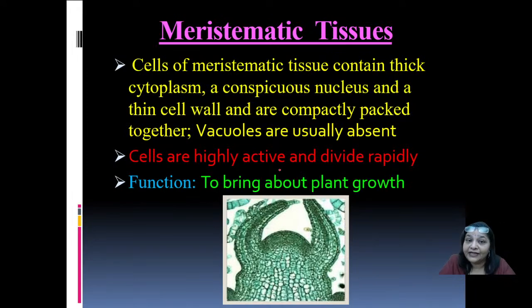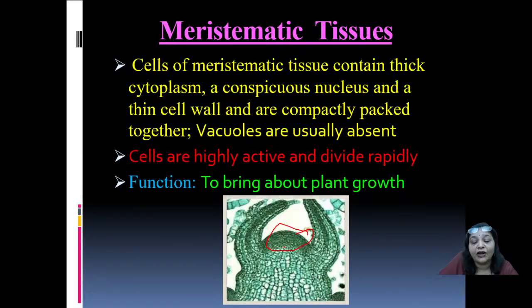So what is the basic function of these meristematic cells? To bring about plant growth, which results in unlimited growth of plants. Here you can see a picture of the tip of the stem.